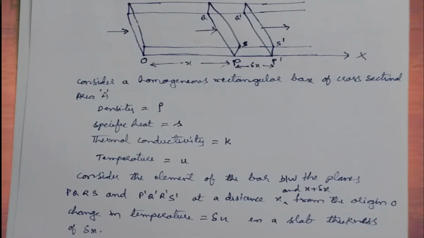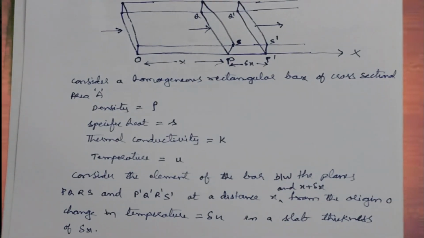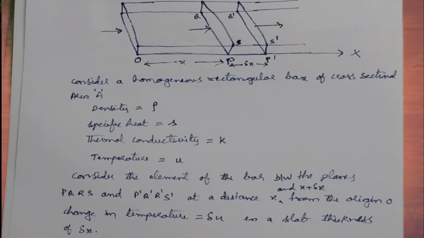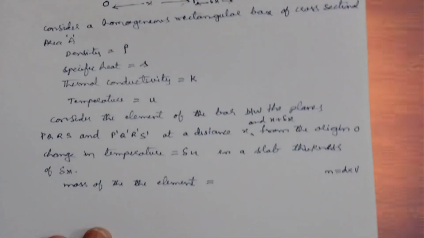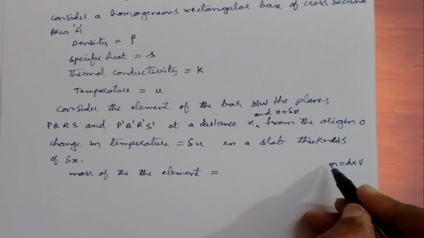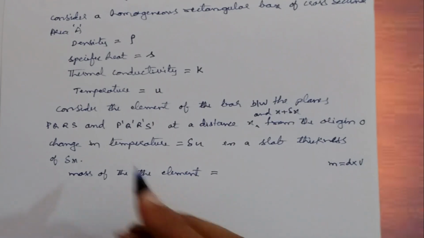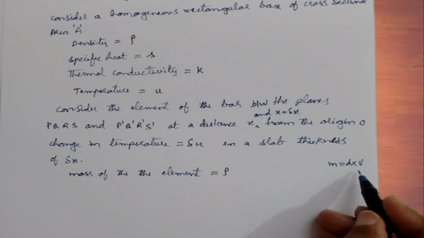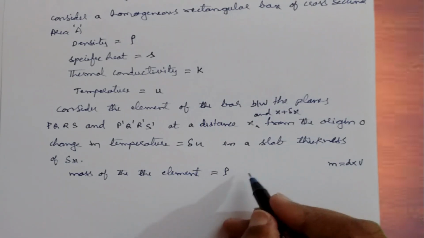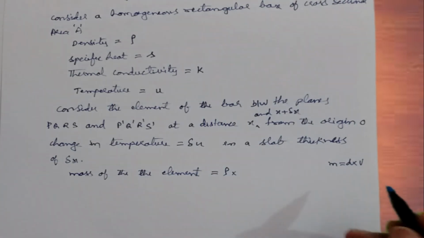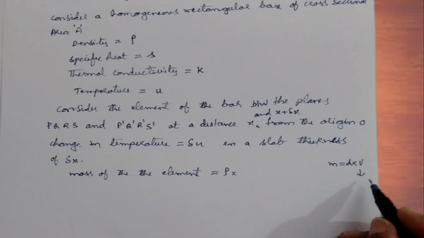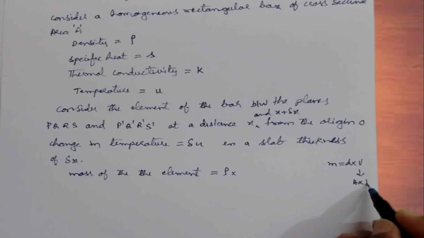As we know, the basic definition of mass is density into volume. That's the basic formula that you have. So mass m is rho into the volume, and volume here represents area into the length.